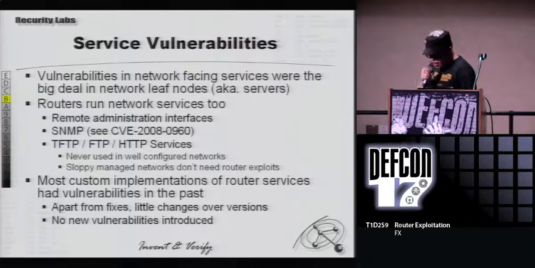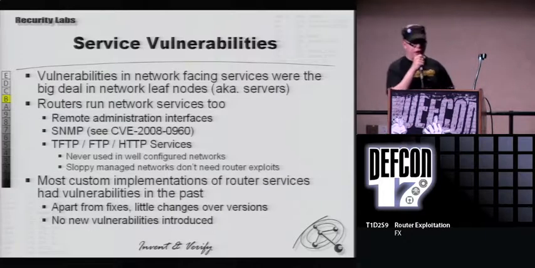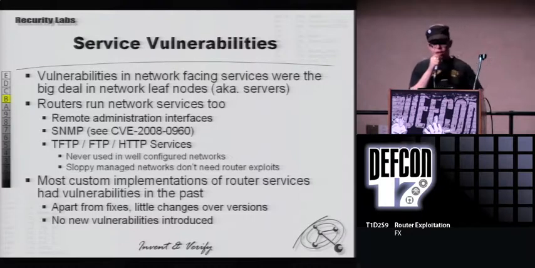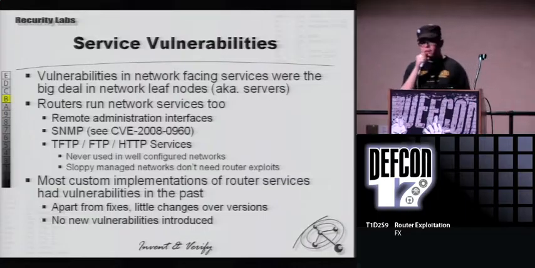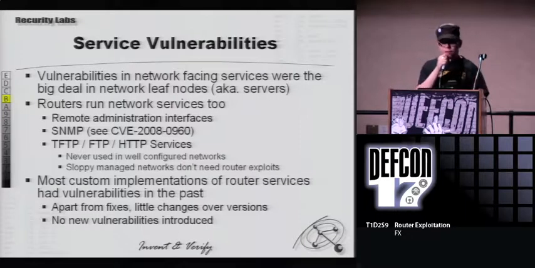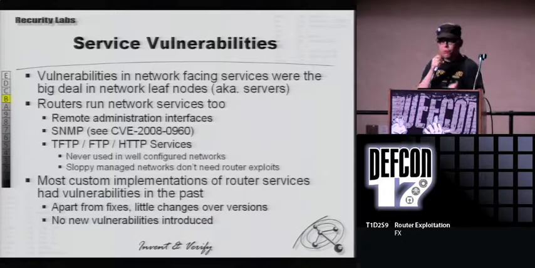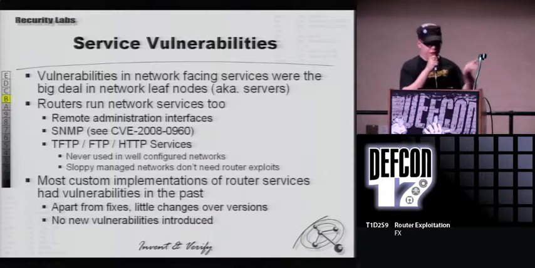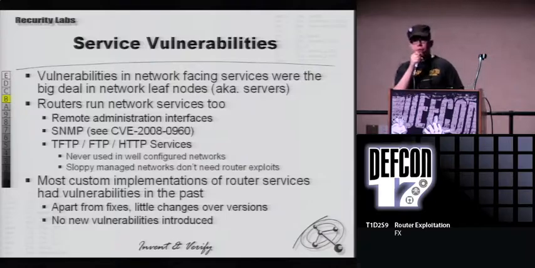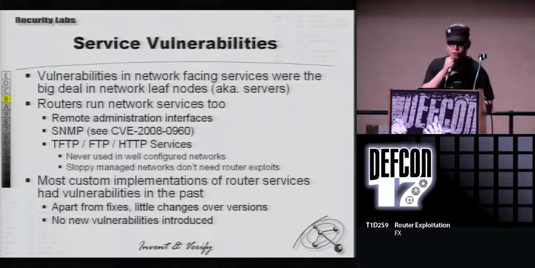So the vulnerabilities we have are service vulnerabilities. That is the most common thing because like everything that is a server likes to get attacked. Same on Cisco. If you fire up a server on a Cisco router, it will be attacked. So that would be remote administration interfaces, SSH something. That would be SNMP because everyone needs that to run their networks.